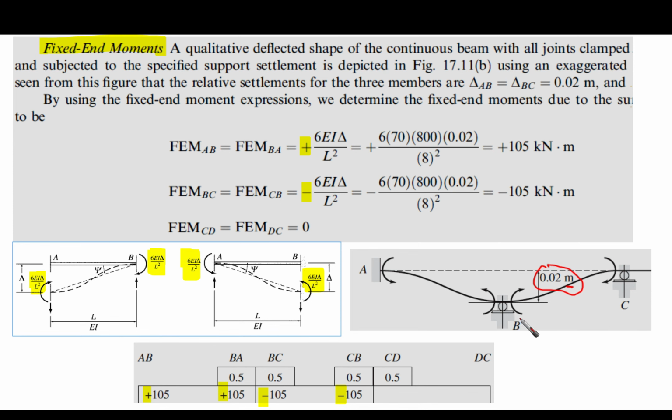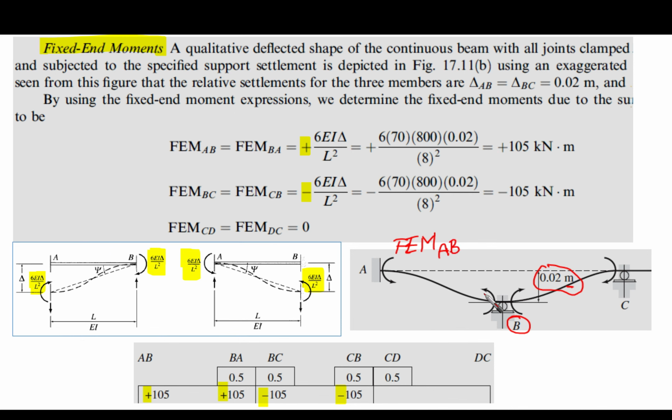So at point B, we have two spans, span AB and span BC. This means that we are going to find fixed end moments developed at the ends of span AB. This moment, which we call FEM, fixed end moment, is going to be developed at point A, so we call it FEM AB.